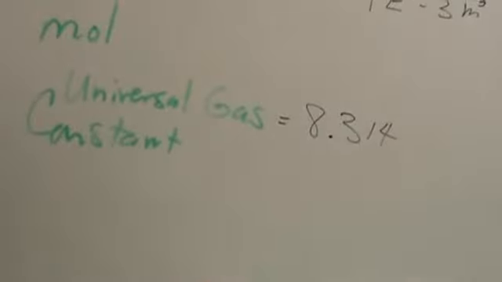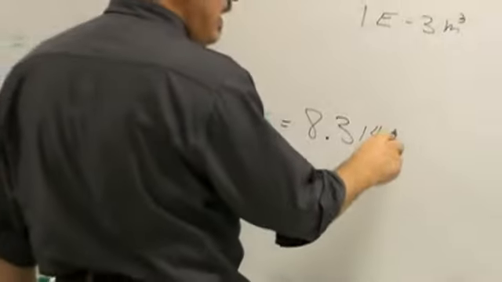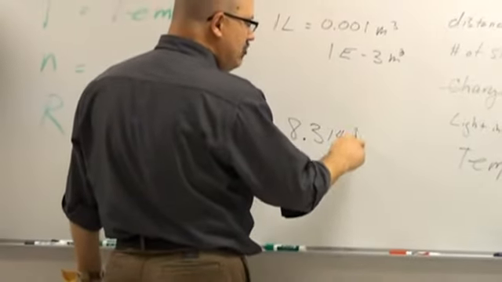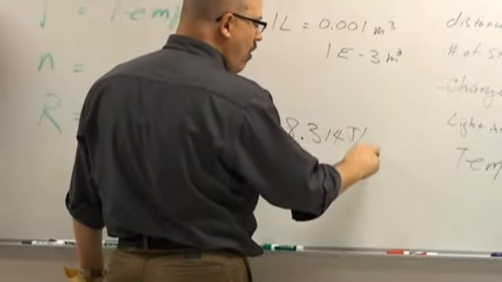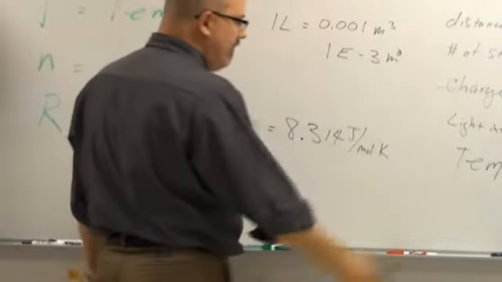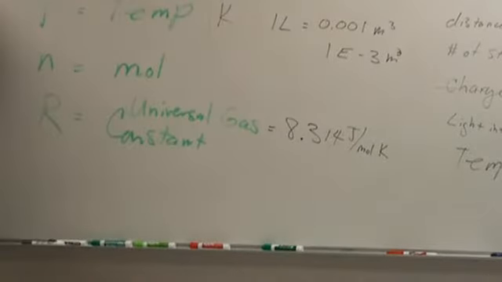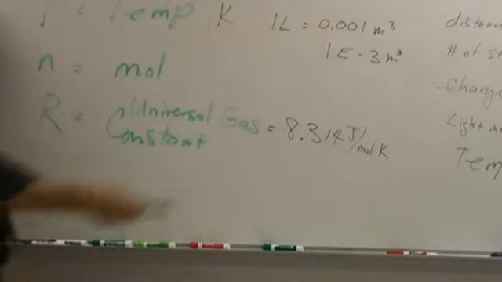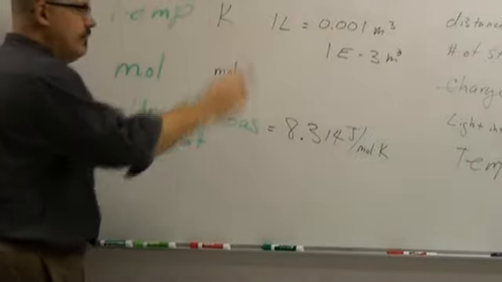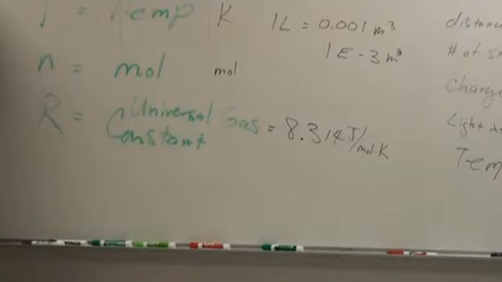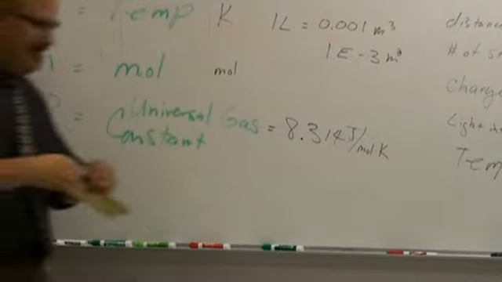So you'll always remember 8.pi or 8.314, and that would be in joules per mole Kelvin, if I remember correctly. All right, there you go. I'll just write mole over here again because it's mole. All right, a mole is measured in moles.